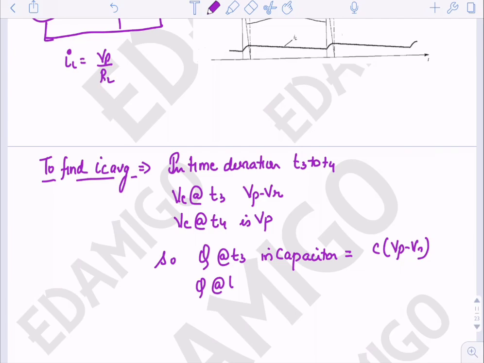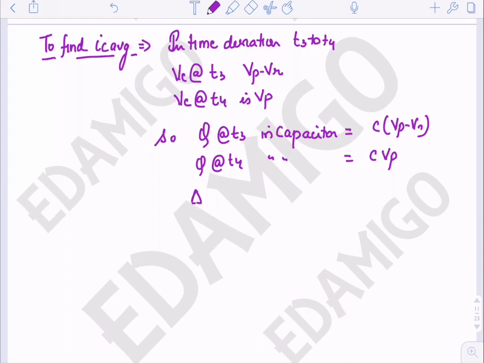Charge at t4 in the capacitor was C into Vp. So the change in charge is equal to C into Vr, and the time duration is delta t.